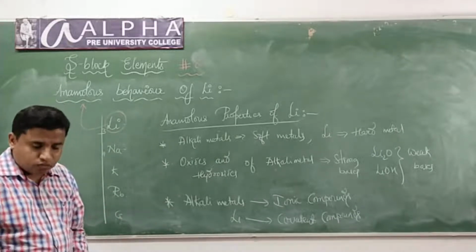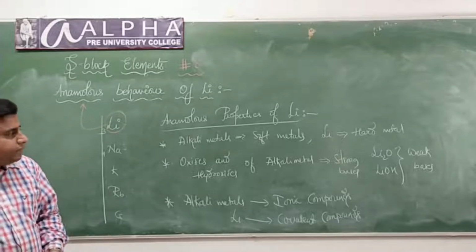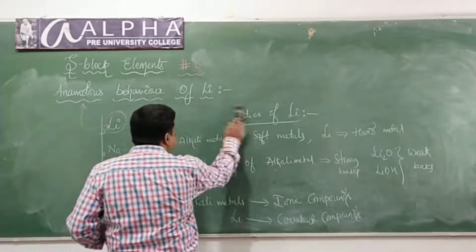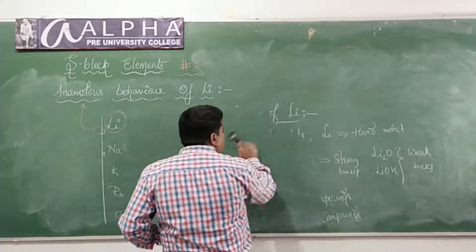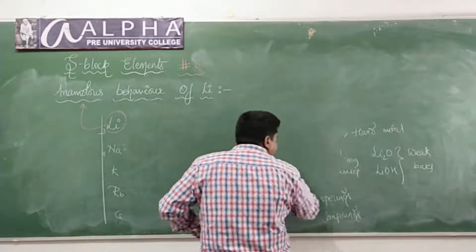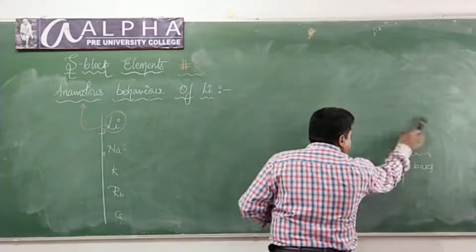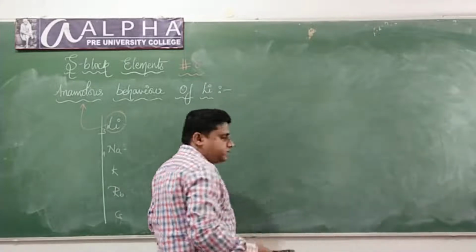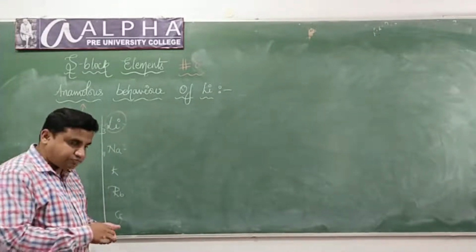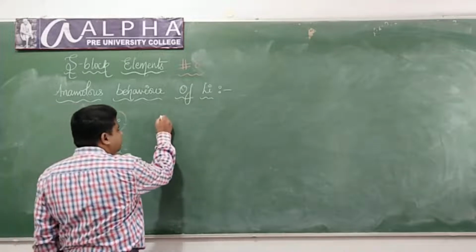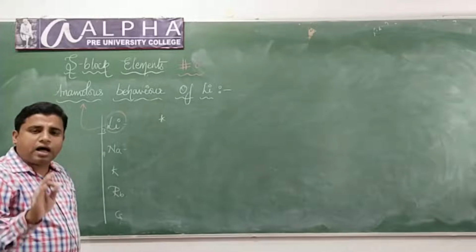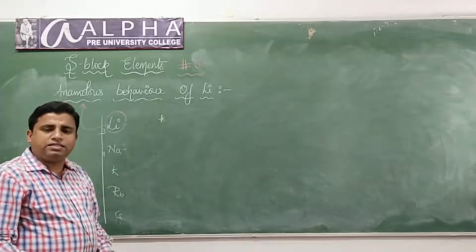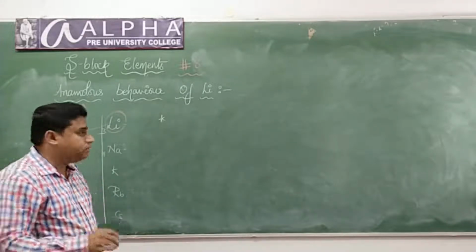Covalent compounds. Like that we have so many other chemical reactions also in which lithium is different from other alkali metals. Observe this. We know the carbonates of all alkali metals are thermally stable, correct?